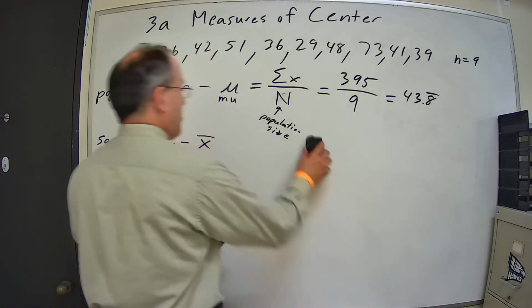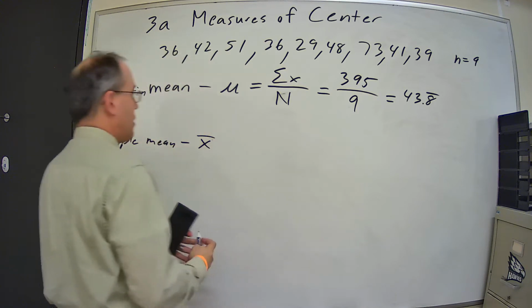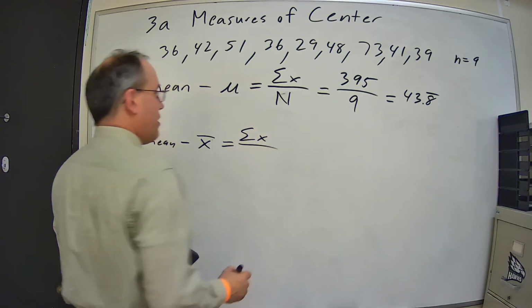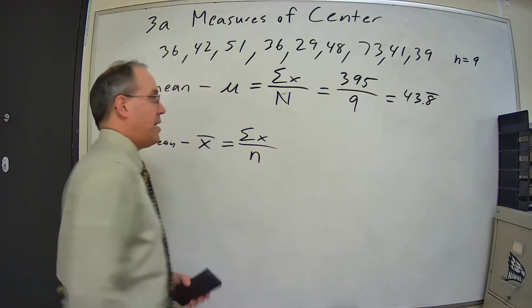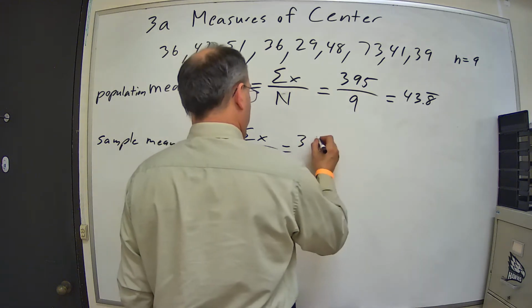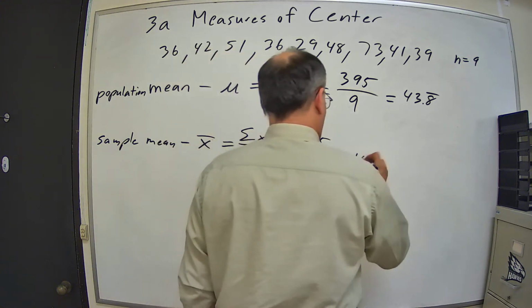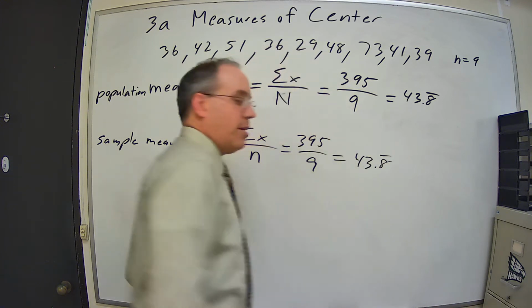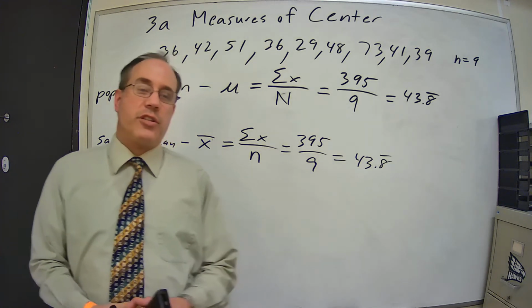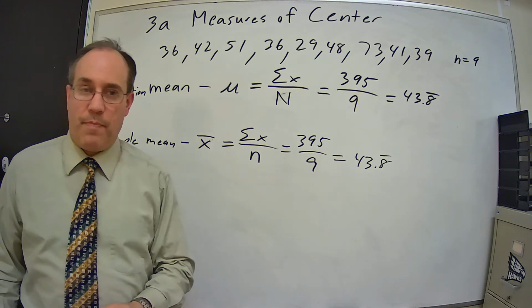I'm just going to get this population size out of here so it doesn't get in our way. So we just sum up our data values and divide by lowercase n the sample size. So using the same numbers, we would end up with 395 divided by 9, or 43.8 repeating. So the calculation is done the exact same way. It's just a matter of, are we dealing with a population or are we dealing with a sample?